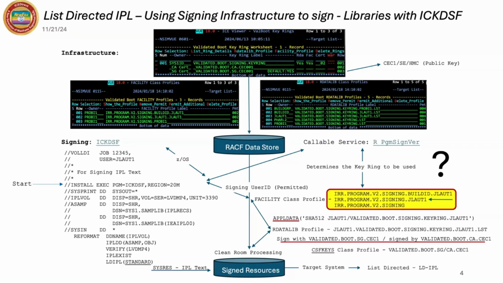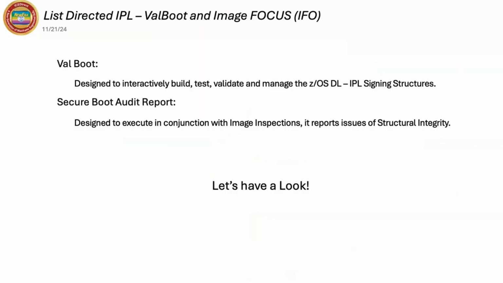Modules use fingerprints, volumes instead use subject key IDs. So there's a difference there, and if you get into the details of it, it's important to understand those distinctions. So ValBoot is designed to interactively test and build and validate and manage this whole process.